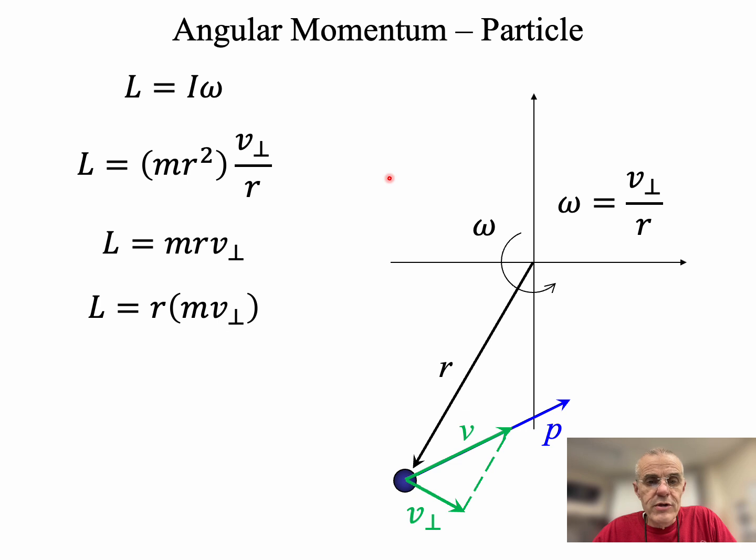Well, of course, r would simplify. I can divide by r. And I also rearranged it. Notice I rearranged m times v perpendicular, and well, wait a minute, m times v perpendicular would be a perpendicular component of momentum. And if I think about that, the r in this diagram times a perpendicular component of that momentum vector would be equivalent to a cross product.